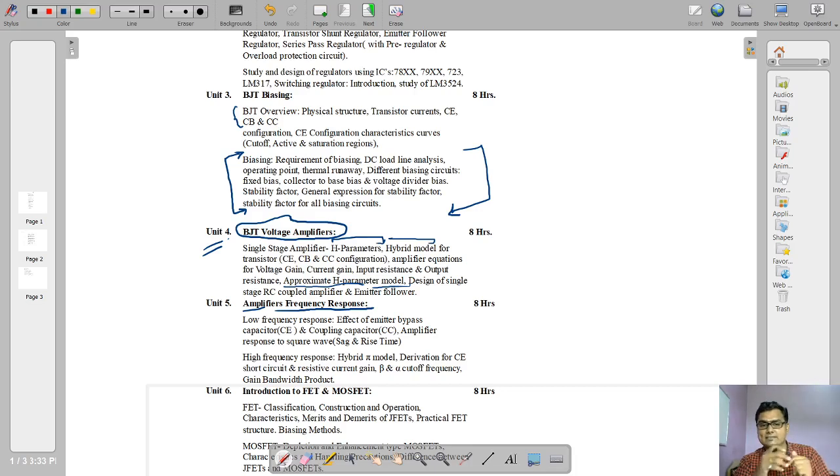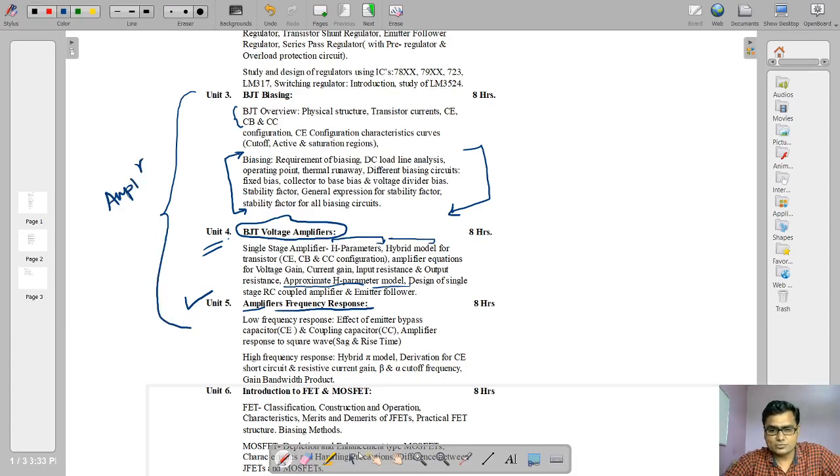That study is included in the fifth chapter. Look at this, amplifiers frequency response. The amplifier behaves differently for different frequencies, and that part is included in this chapter. So these three chapters, chapters 3, 4 and 5, are completely related to amplifiers.